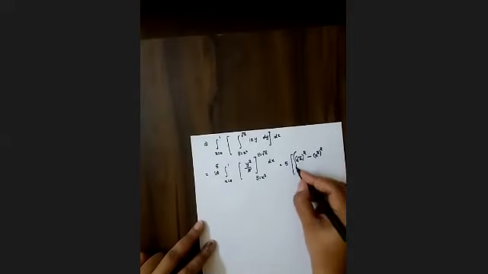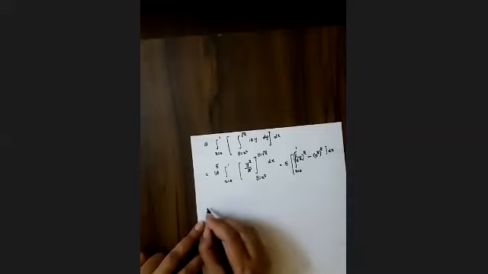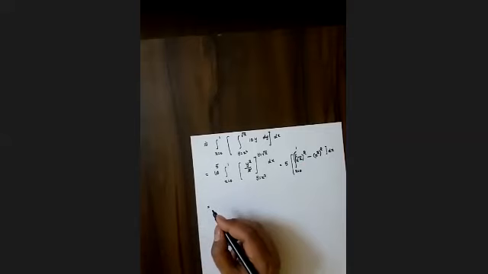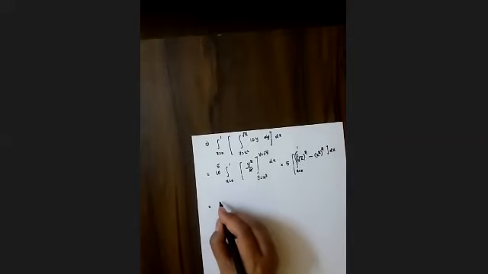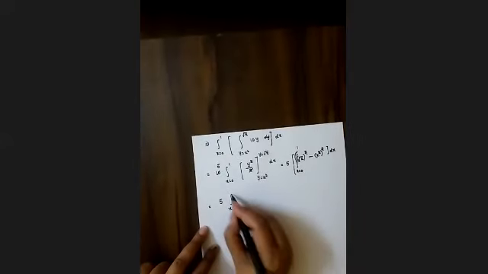So this limit is x equal to 0 to 1, (√x)² minus x² of dx. So what is the value of this one? 5 into the integral from x equal to 0 to 1.